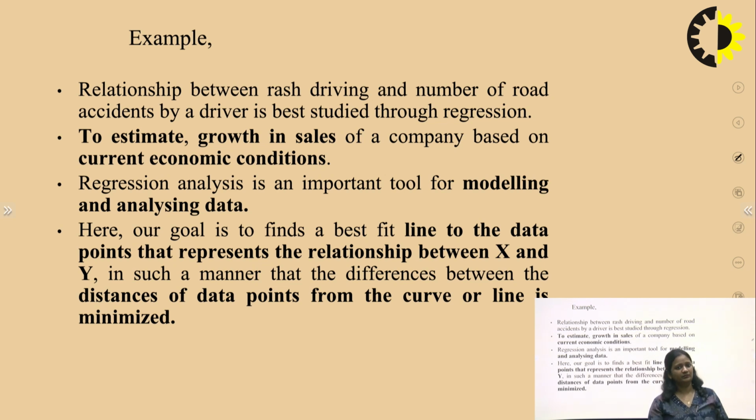So we have to find out the relationship between rash driving and the number of road accidents through regression. Okay, now we take another example to clear the concept of regression.